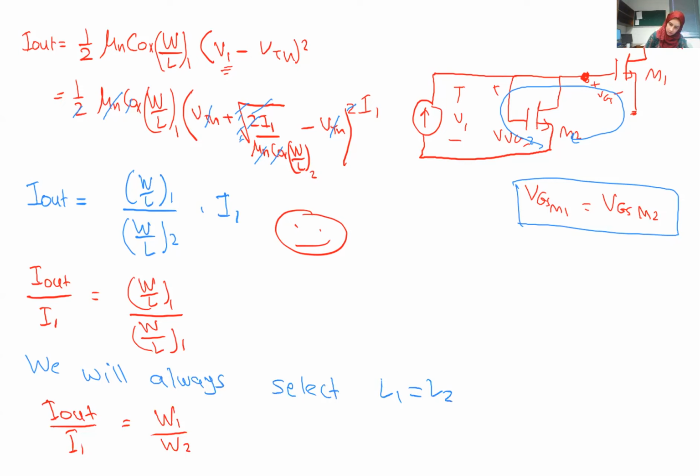So our circuit, if we just change the drawing, just flip this M2, looks like this. This is I out, and here is the diode connected device.